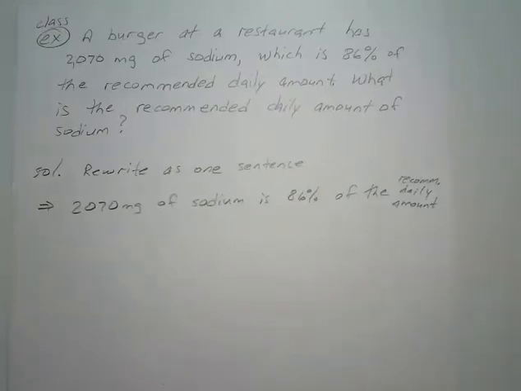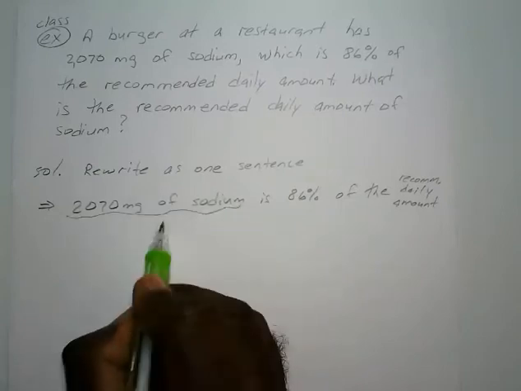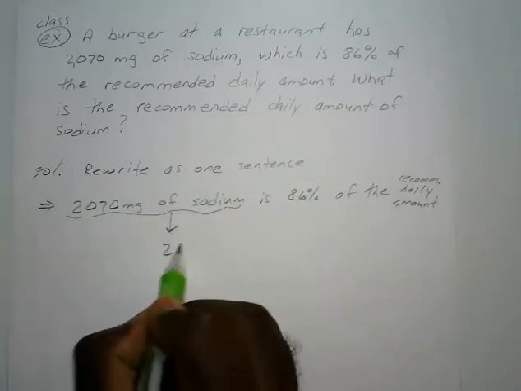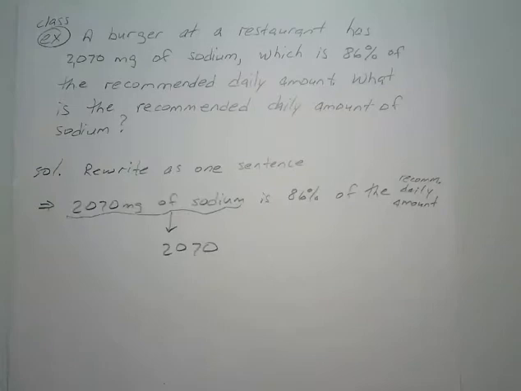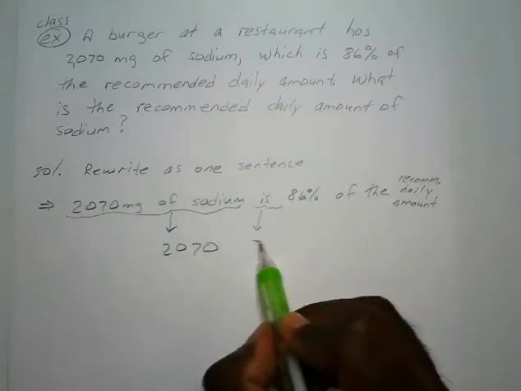Okay, kind of ran out of room there, so I had to pile recommended daily amount right up there. Okay, so 2,070 milligrams of sodium. That's just 2,070. That's our equal.